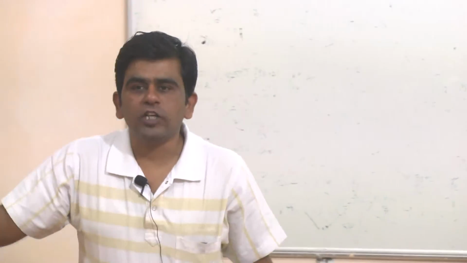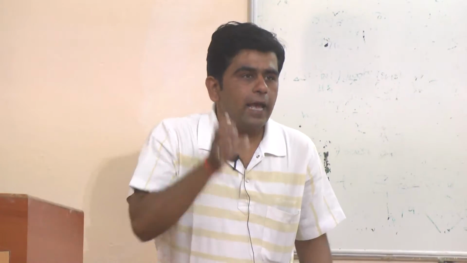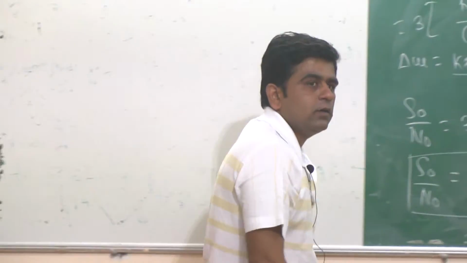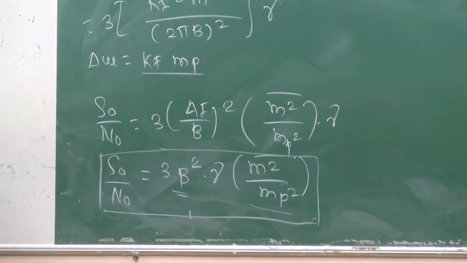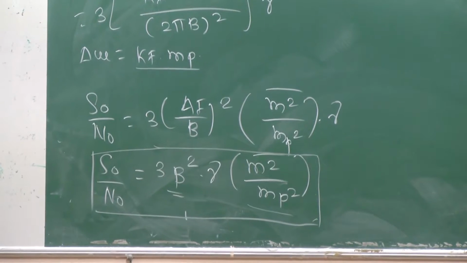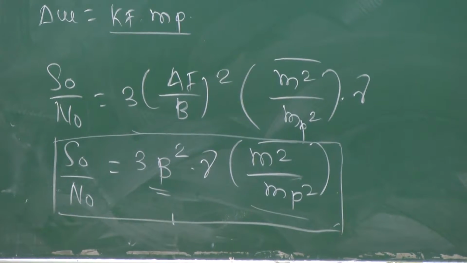So for tone modulation, where m of t is a sinusoidal signal, this ratio, m square bar divided by mp square, is equal to 0.5.